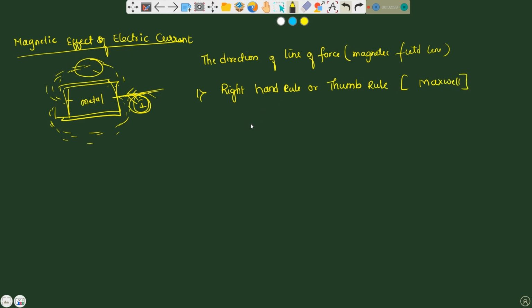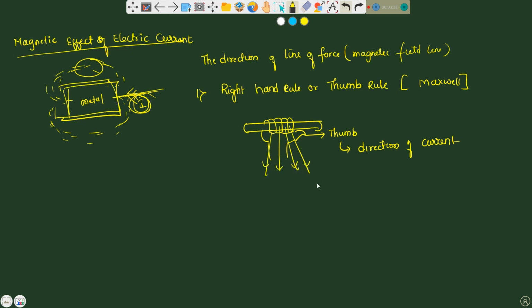So what does this right hand rule say? Whenever a current carrying conductor is gripped in such a way that the thumb indicates the direction of current, then the other fingers of the hand will indicate the direction of magnetic field lines.